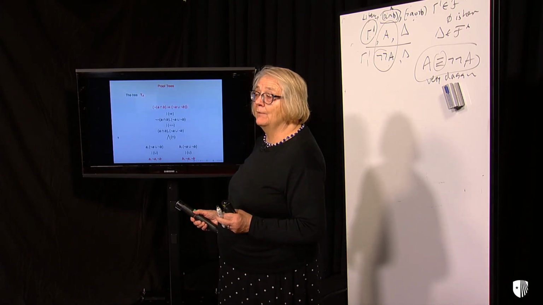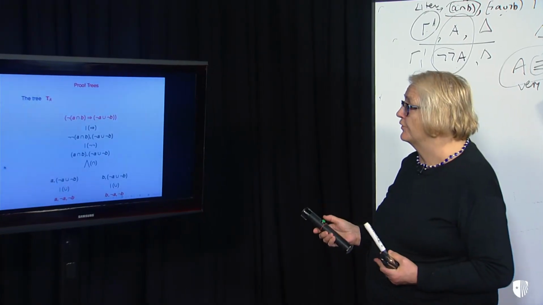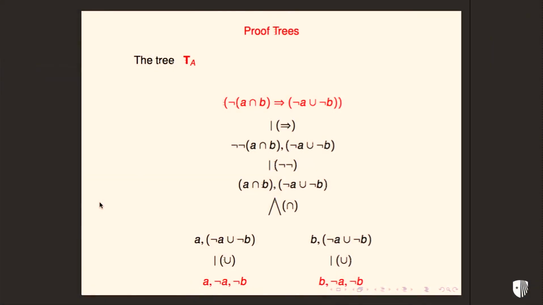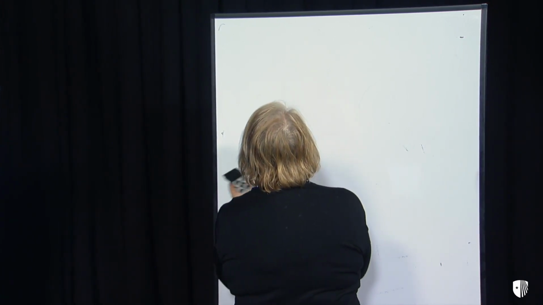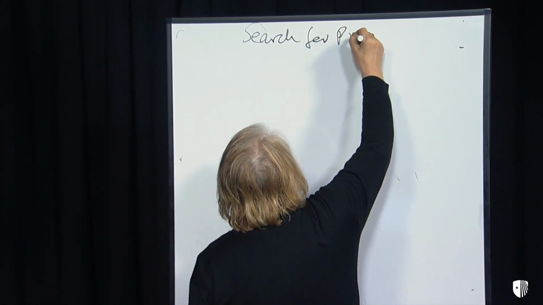But now we are thinking about those trees as proof-search trees, and I am going to explain what we are really doing when you look at this proof. The system allows us, for example, to search for a proof.